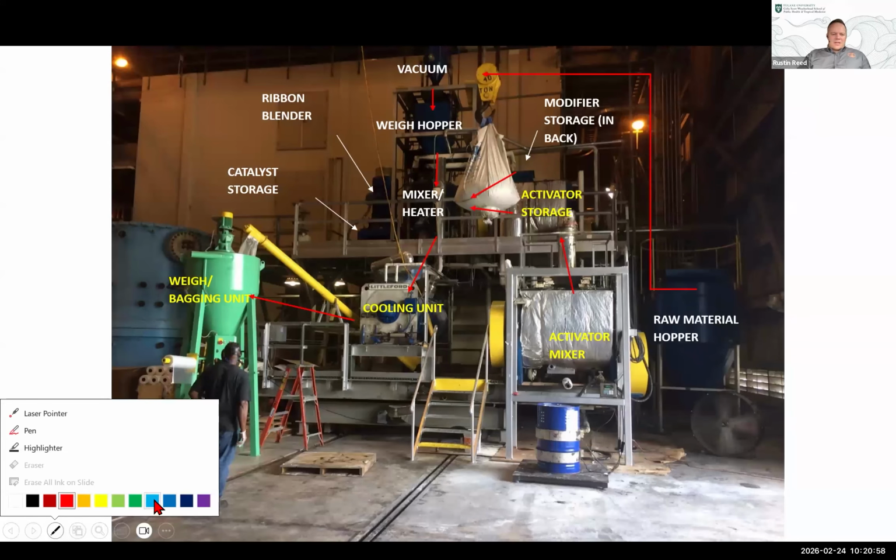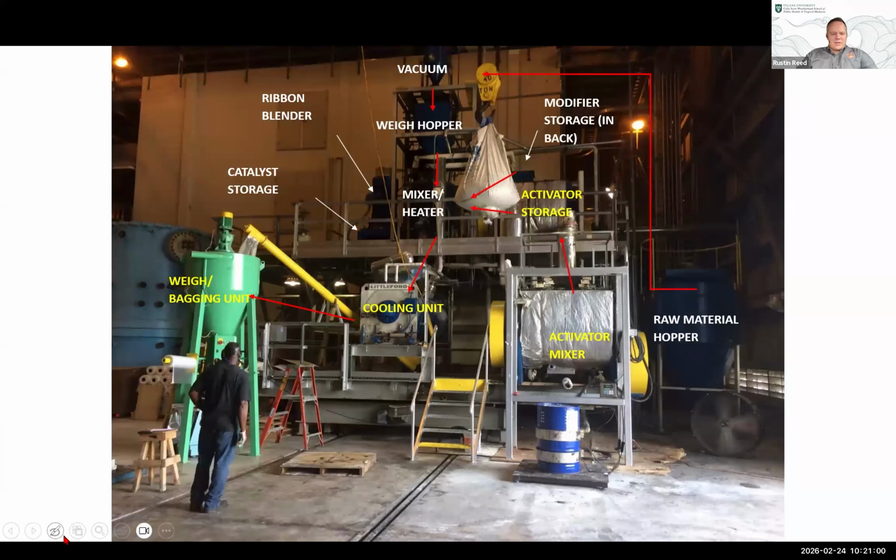I don't have my stylus, so my screen might wobble a little bit, but a couple of key inputs here. First, there's a hopper that the workers would dump their activator into. So it would come down into this thing, and it would get mixed up.